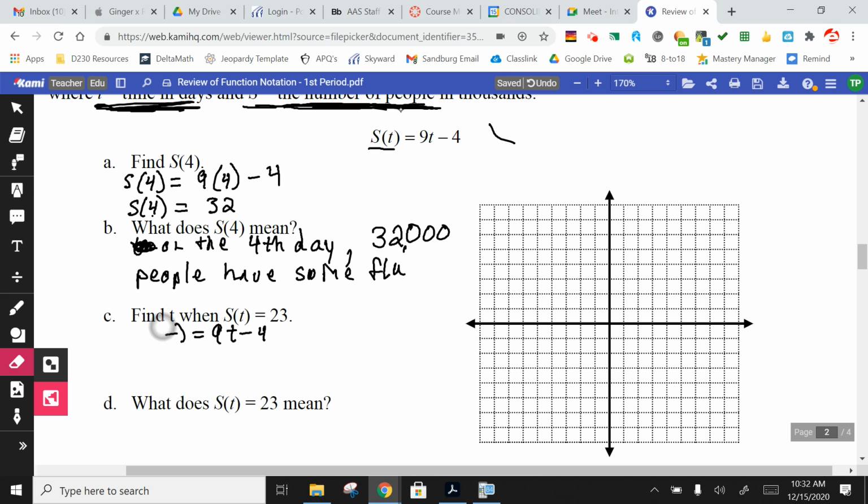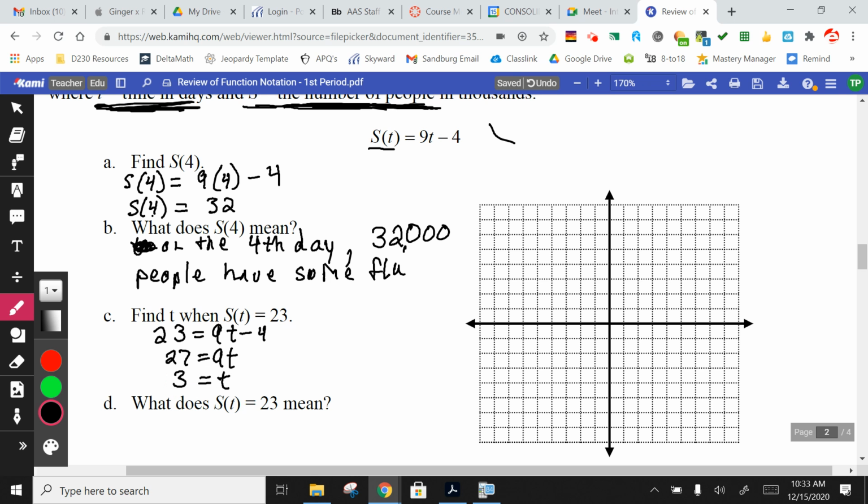We're going to get rid of S of t because we know what S of t is equivalent to. You were told that it is 23, and then we solve that little equation. So add your 4 over, so we should get 27 on the left. Divide by 9. 27 divided by 9 is 3.